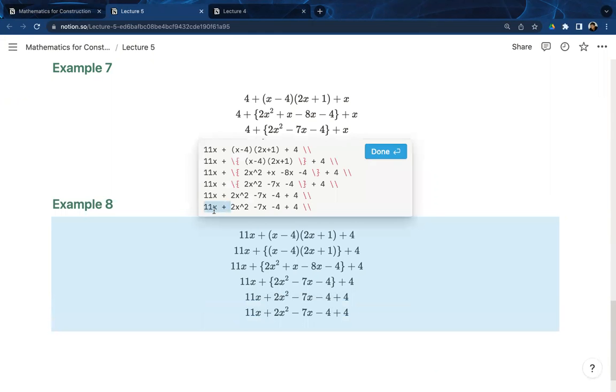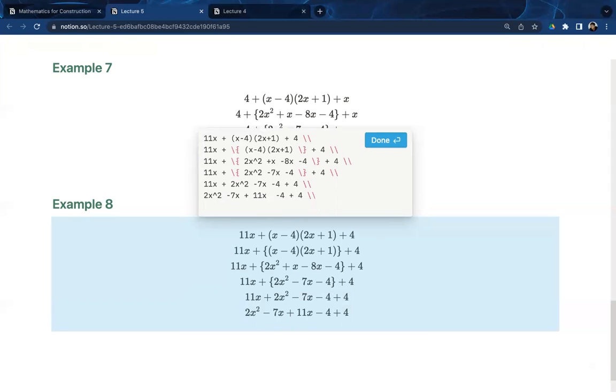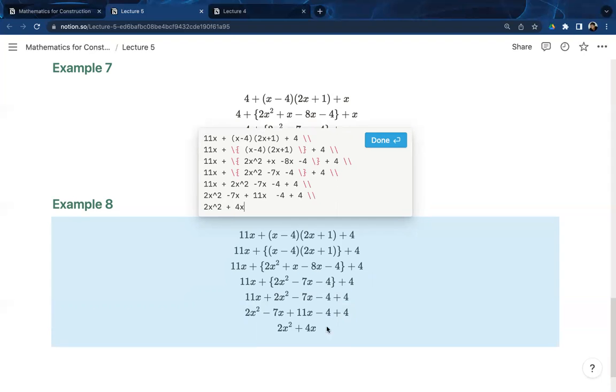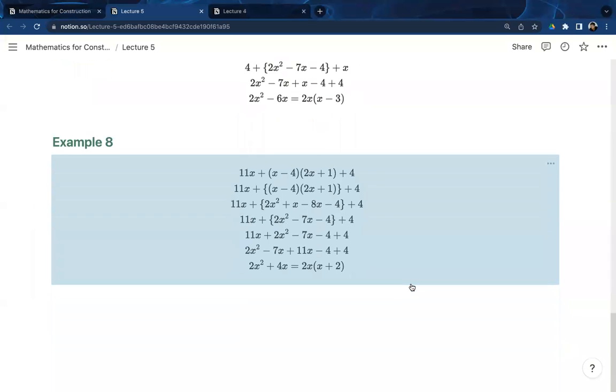So this 11x, 11 minus 7 is 4. -4 plus 4 goes to 0. And then this could easily factorize. Okay, you get our answer there.